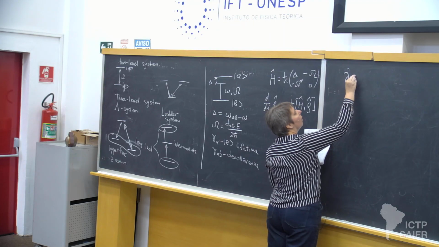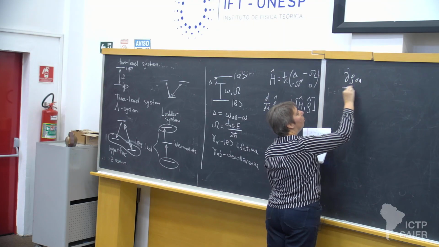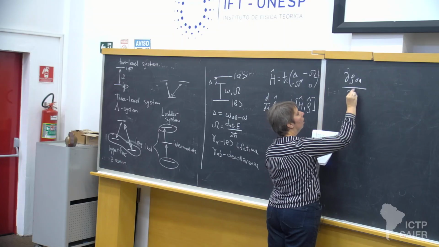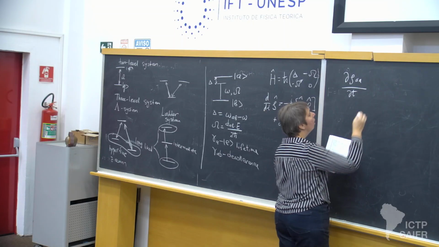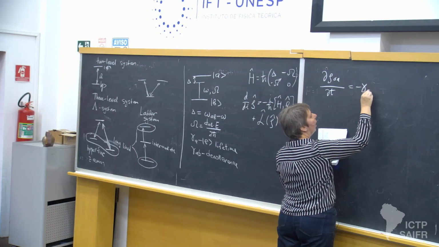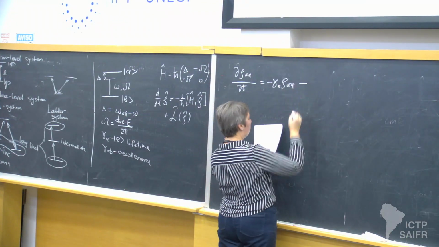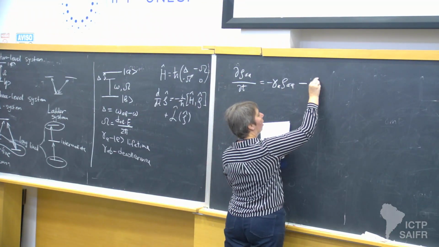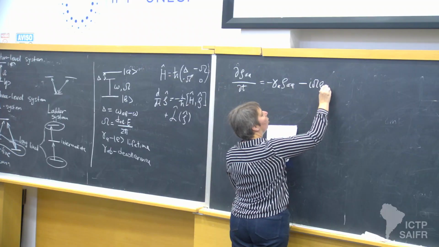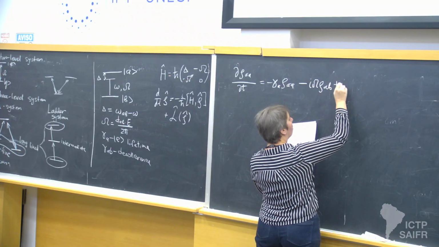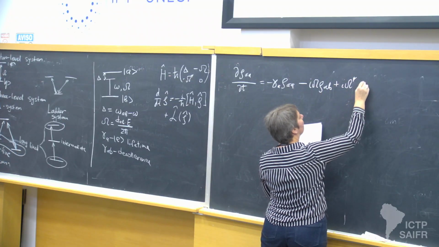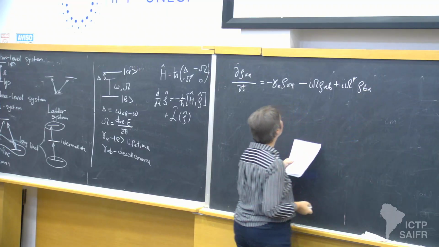So we can say that d rho AA, the population of the excited state, is equal to minus gamma A rho AA, and then the interaction term, minus i omega rho AB plus i omega star rho BA.